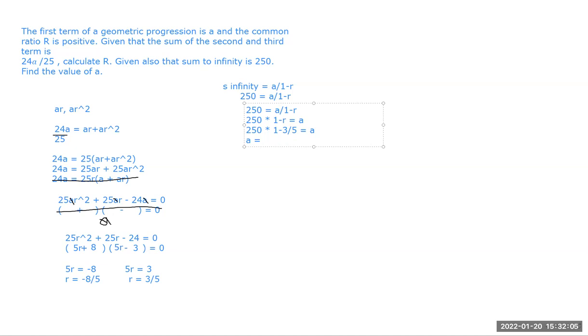Put a bracket around the 1 minus 3/5. Very good. A equals 100. You see how these worded problems are a little more fun, right? I'm going to use the word fun. They're not fun. Just a little more thinking, right?